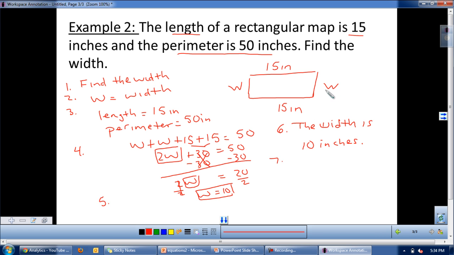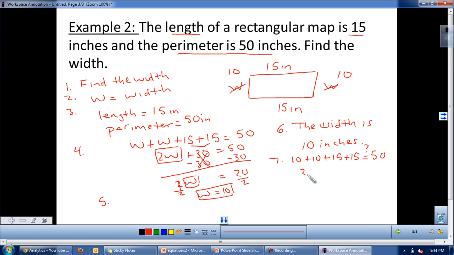Well, let's replace that W with 10. And if we did this correctly, then we should add up all of the numbers here, and they should equal 50. Shall we do that? So we have 10 plus 10 plus 15 plus 15, and we want to see if that will give us the perimeter of 50 inches.